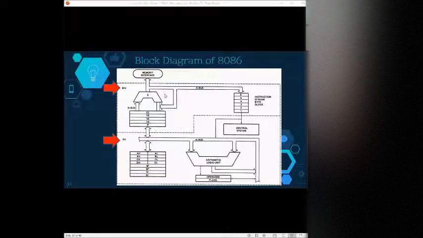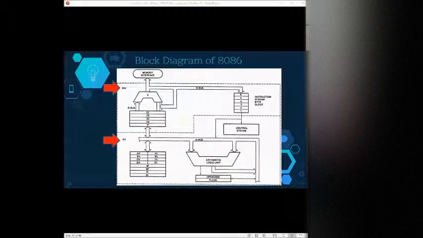It fetches the instructions from the memory, then writes data to a memory and also reads data from the port and writes data to the port. Basically, it just fetches the data from the memory and also from the input-output port. Then it will store it here and write again to the memory.